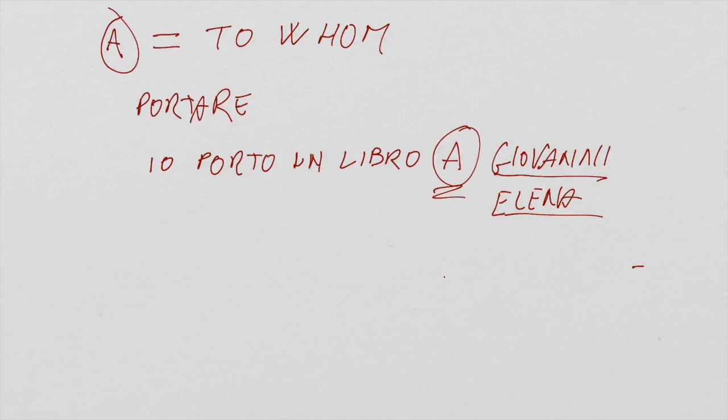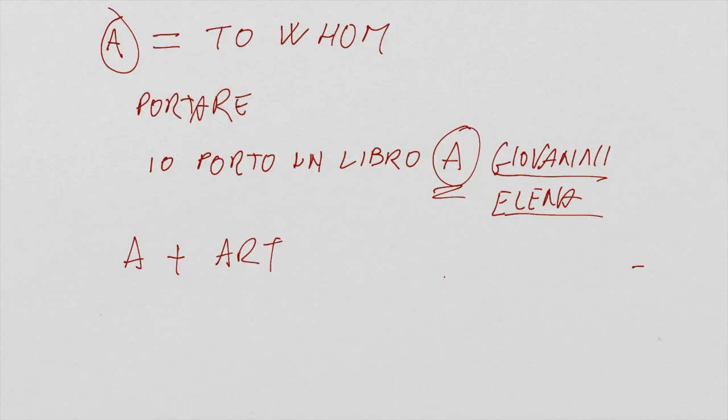But when you need to indicate a person, not with a proper name, but with a common name, and I mean professore, studente, amico, etc., you must remember that the preposition a, English a, combines with articles. So a plus definite article.